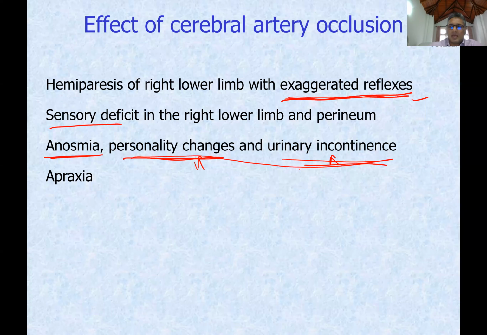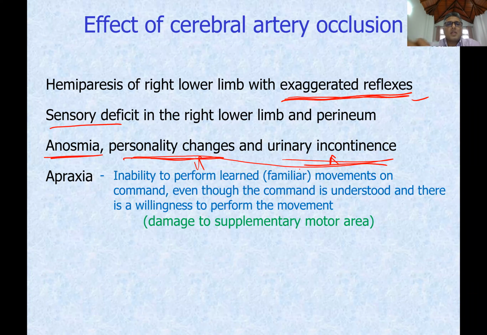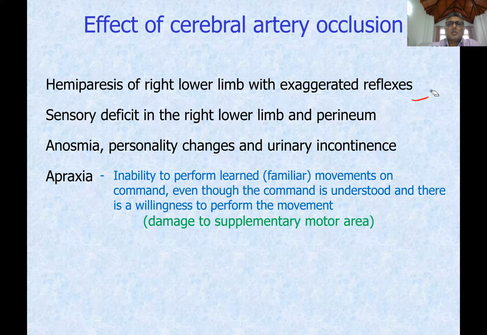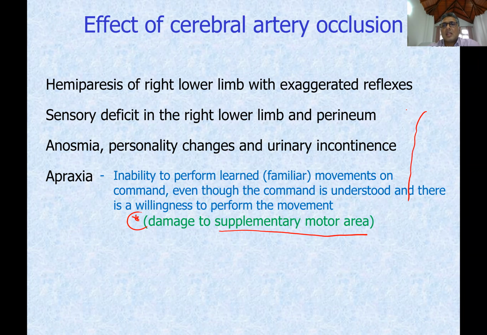And apraxia. Apraxia is the inability to perform learned or familiar movements. There are certain things that you learn over a period of time, and when you get damage to the frontal lobes, you get apraxia. The area of the frontal lobe that is damaged is the supplementary motor area. If this is your central sulcus, this is your primary motor cortex and this is your sensory cortex, then this supplementary motor area is in front of the primary motor cortex.